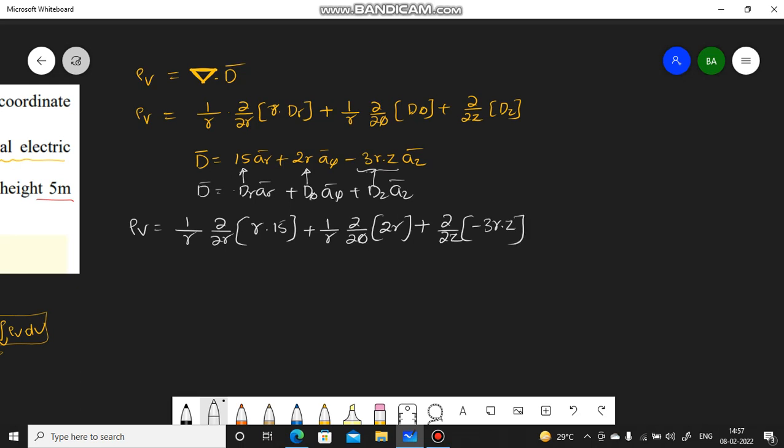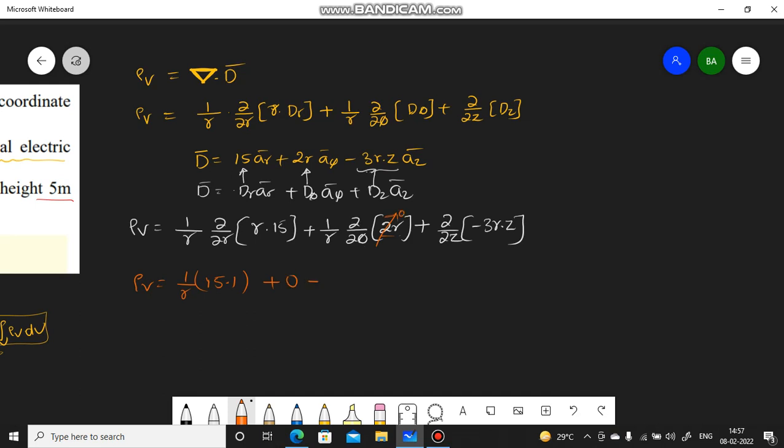Okay, so now do the differentiation here. Rho v is equal to 1 by r, differentiation of r with respect to r is 1, so there is a constant here, that is 15 into 1. Similarly plus 1 by r into dou by dou phi of 2r: this is not a function of phi, so it is treated as a constant, the differentiation is 0, and the entire term is equal to 0.